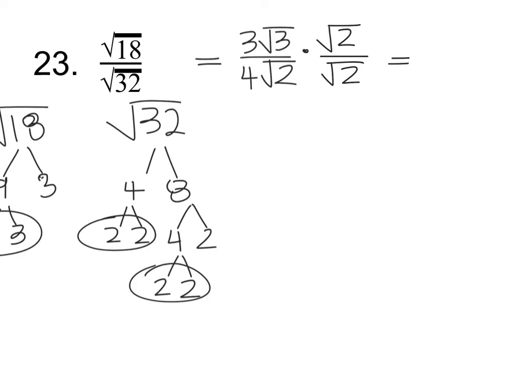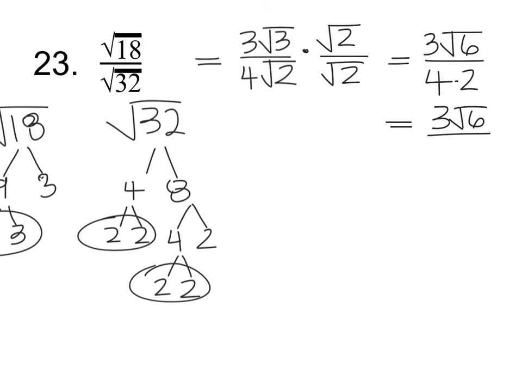Our numerator is going to become 3 square root 6, because we can multiply our square roots. And on our denominator, the square root of 2 times the square root of 2 is going to become the square root of 4. And 4 is a perfect square, and its square root is 2. So we end up with 4 times 2. Once I multiply in my denominator, we end up with 3 square root 6 all over 8.